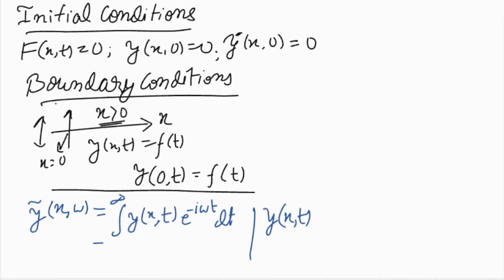That would give the actual function. And what is that? That is exactly equal to the integral from negative infinity to infinity of y tilde of x comma omega, e to the power i omega t, d omega by 2 pi. This is the thing. Okay. In the next page, we will be applying the Fourier transform on our existing function and see what happens to it.